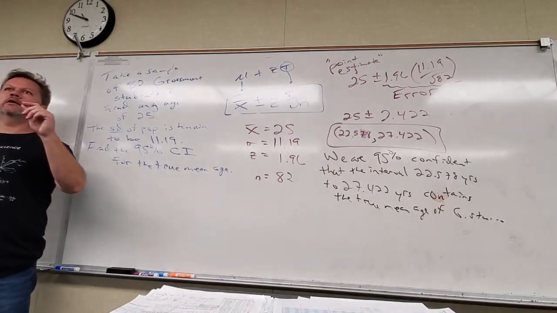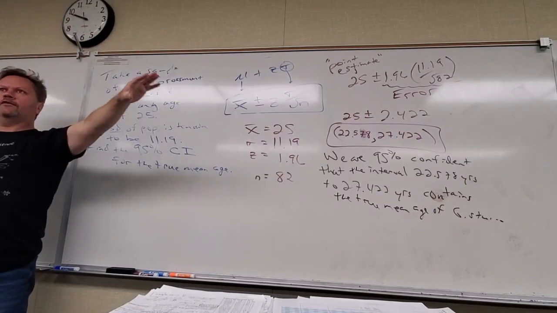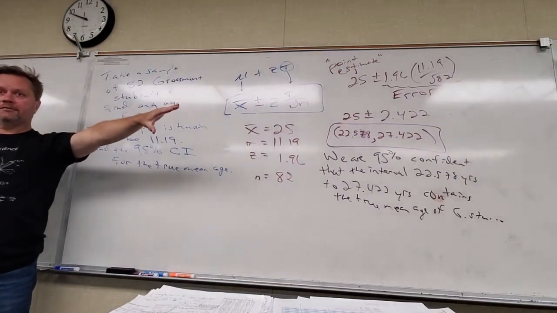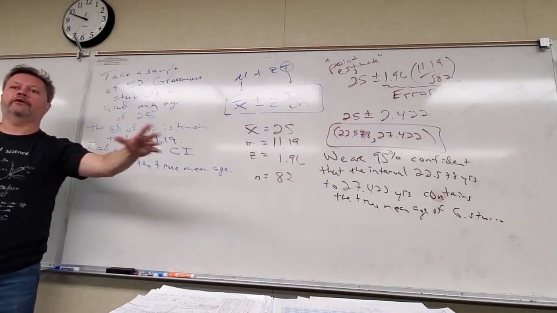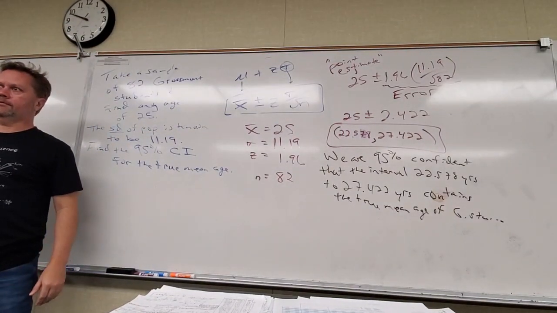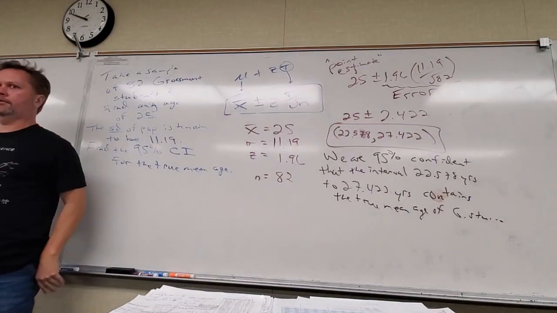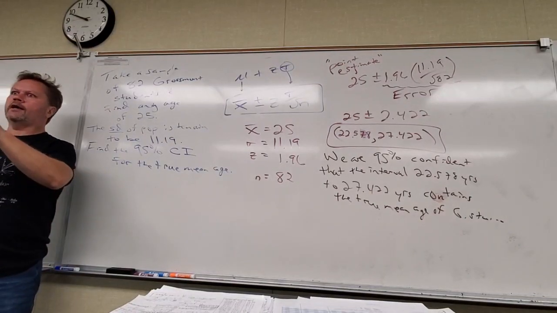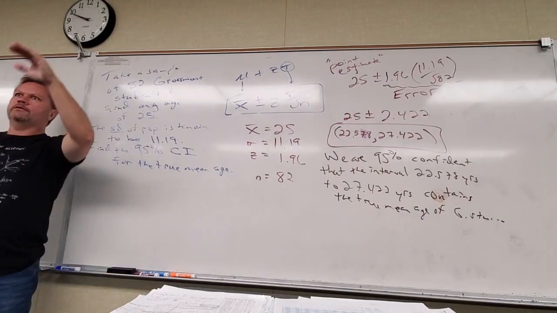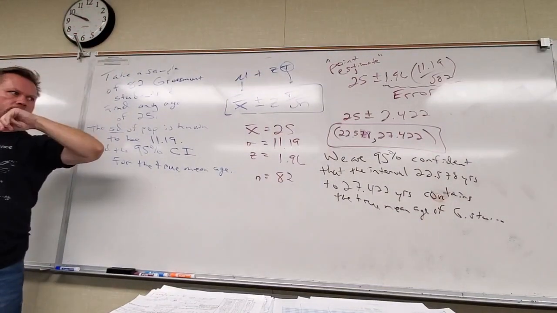So whenever you make a confidence interval, you're going to say, we are this confident that our interval contains the true fill in the blank. Hopefully that makes a little bit of sense based on the conceptual thing we did at first.